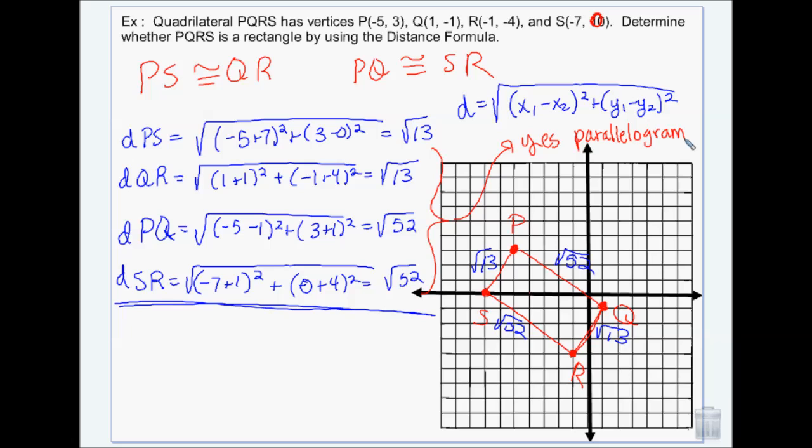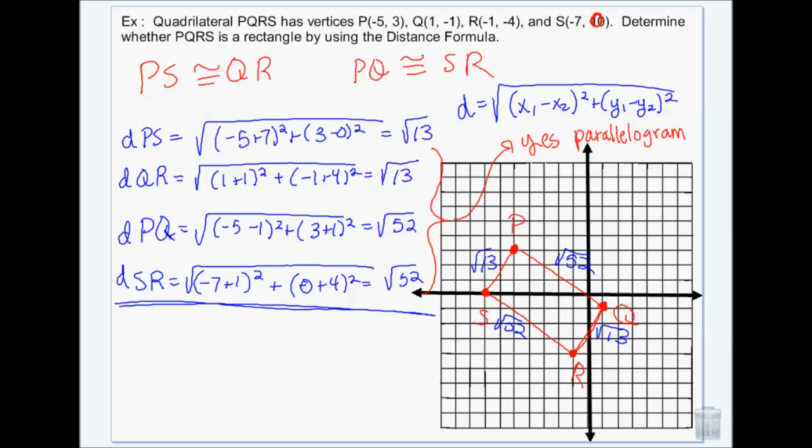Now I need to know if my angles are 90 degrees. How do I find that out? Perpendicular slopes. Or I can find out if my diagonals are congruent.